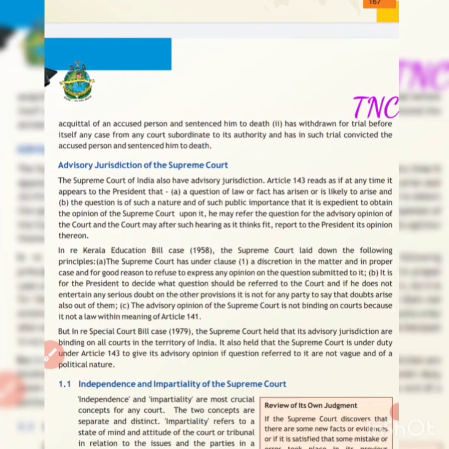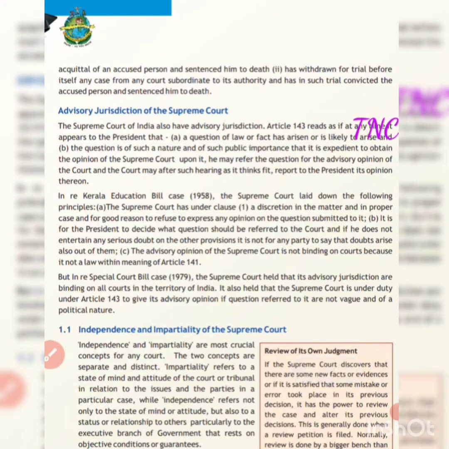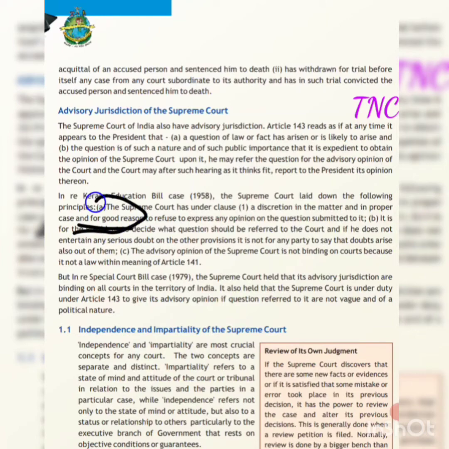In re Kerala Education Bill case, now this is a landmark judgment, that's why they have given it, so please remember this. In the Kerala Education Bill case, the Supreme Court laid down the following principles. The Supreme Court has, under clause 1, a discretion in the matter, and in a proper case and for good reason, to refuse to express any opinion on the question submitted to it. Remember this, these are some keywords that you can pick anywhere.